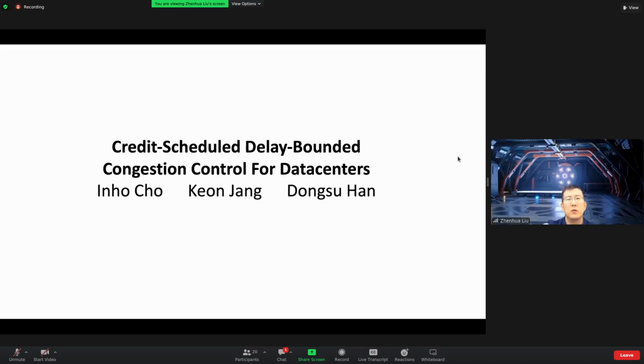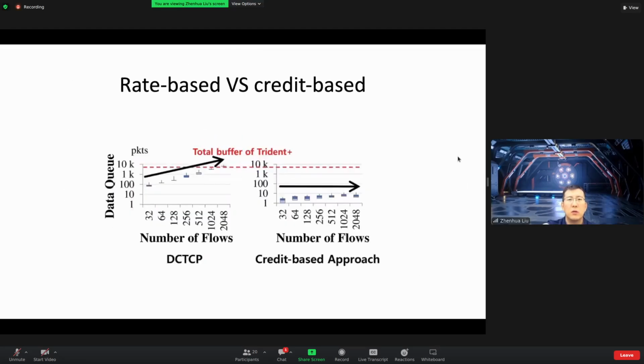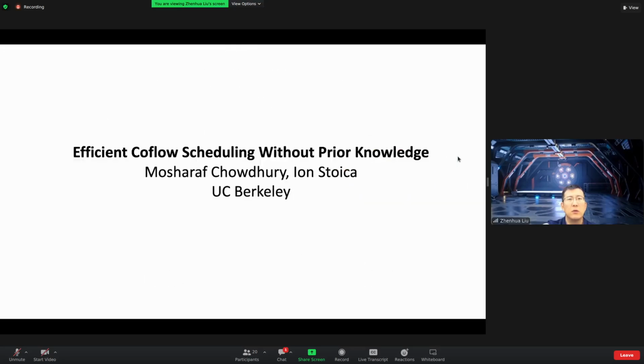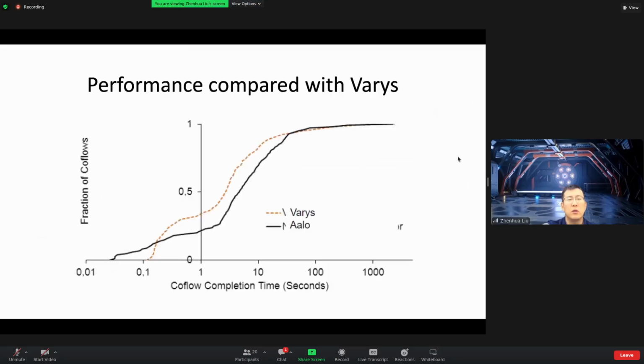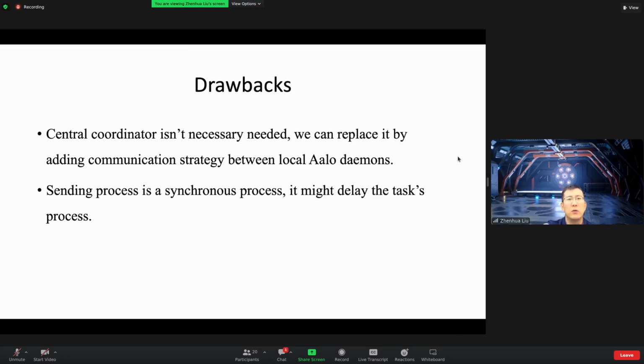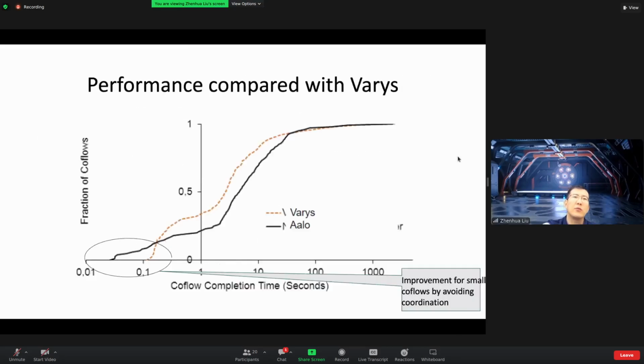Let me see this part. Okay, this is this allocation. This is scheduling. Okay, so the last two are optional.